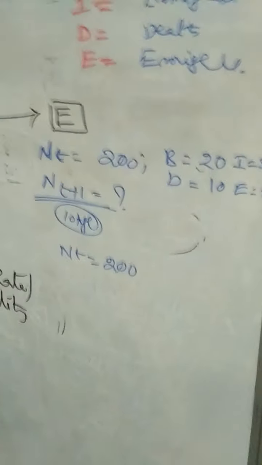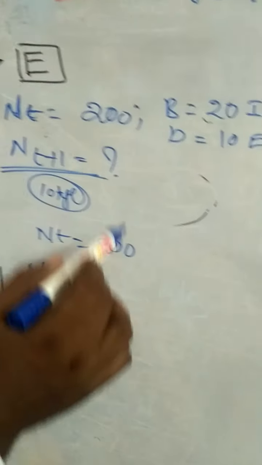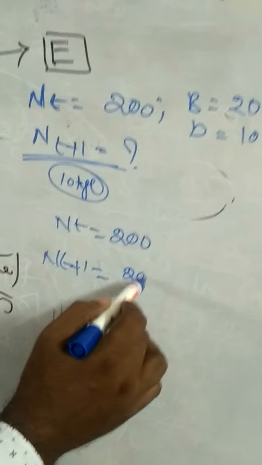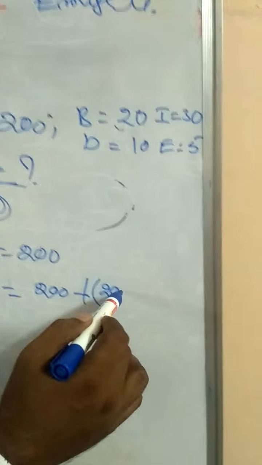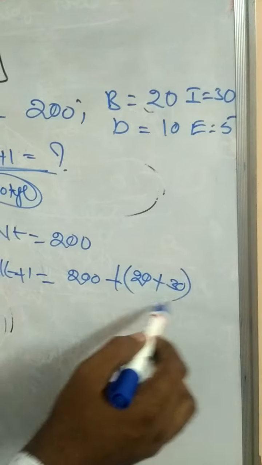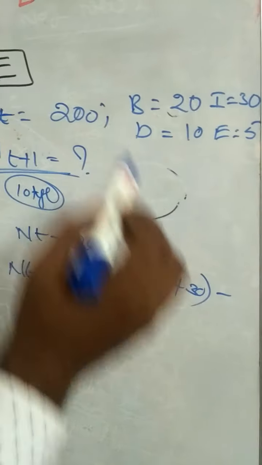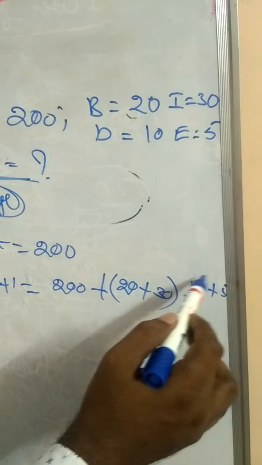Calculate the population density at Nt plus 1. Using the formula, Nt plus 1 is equal to Nt, 200, plus birth rate 20 plus immigration 30, minus death rate 10 plus emigration 5.